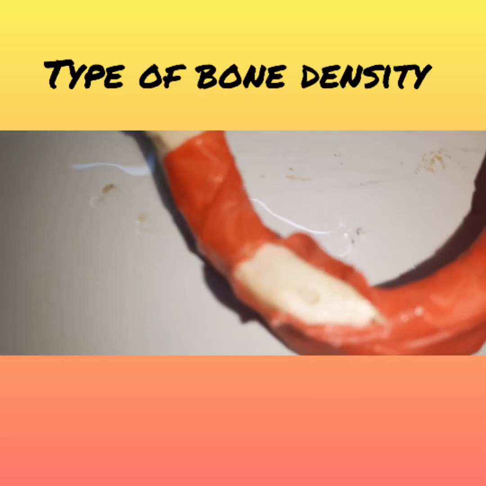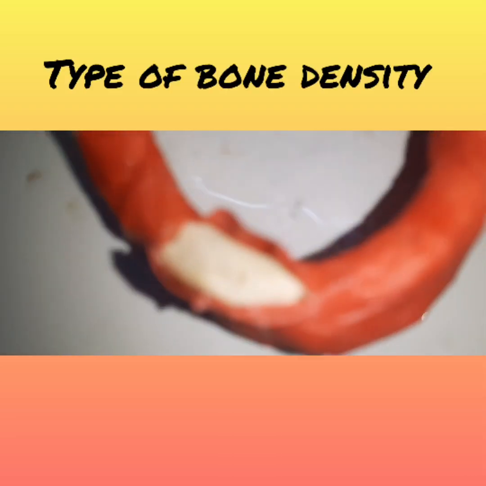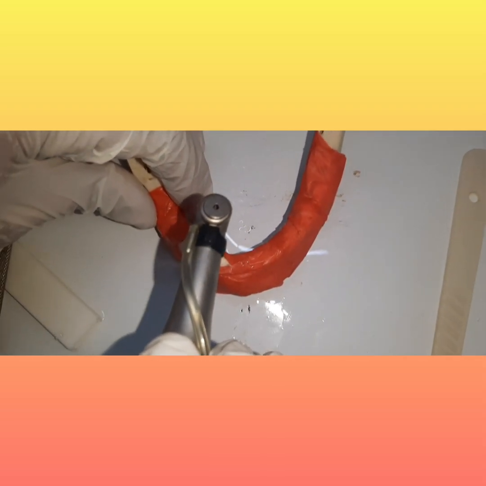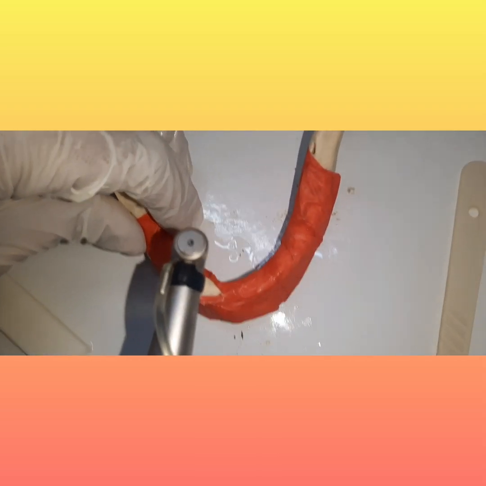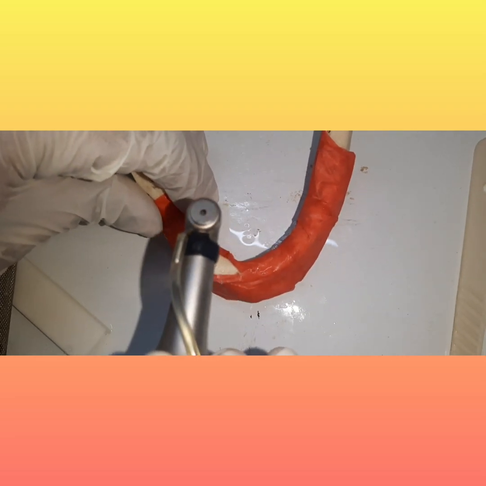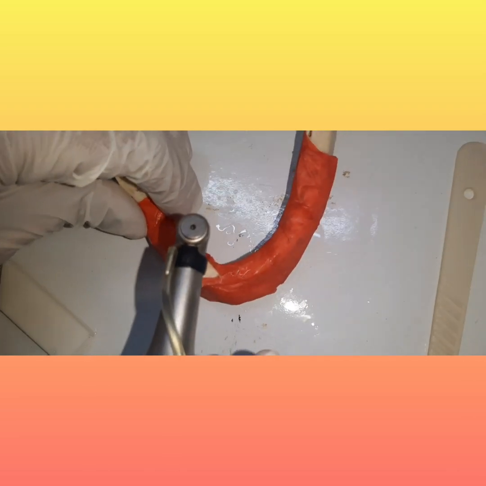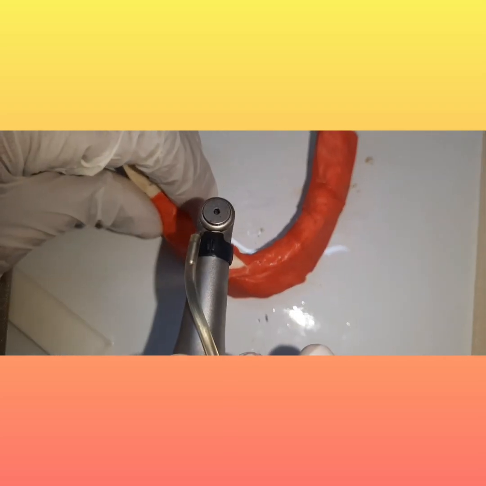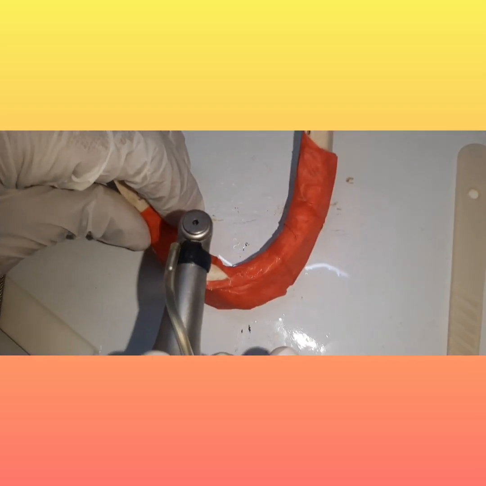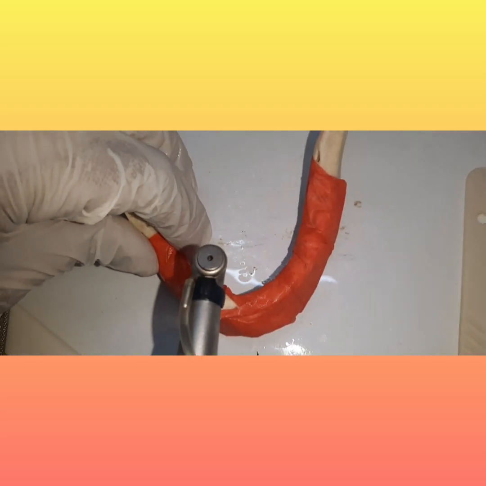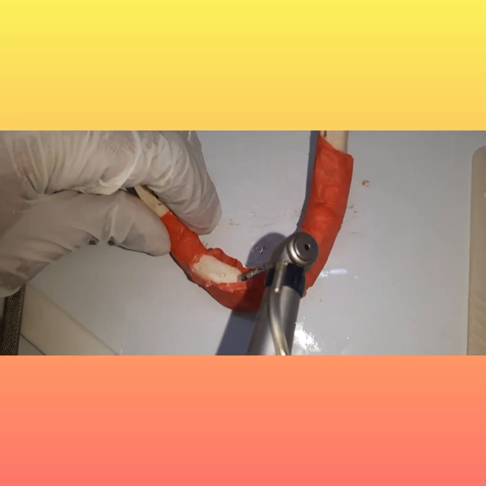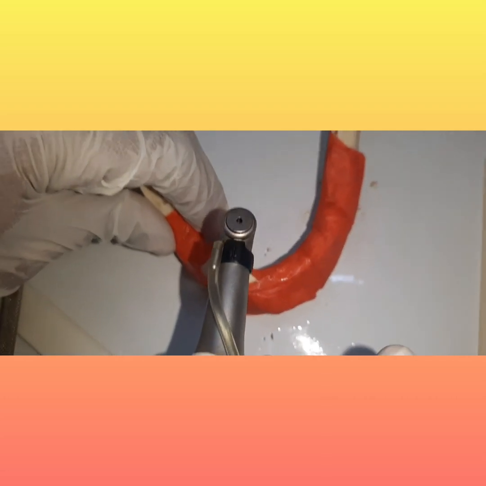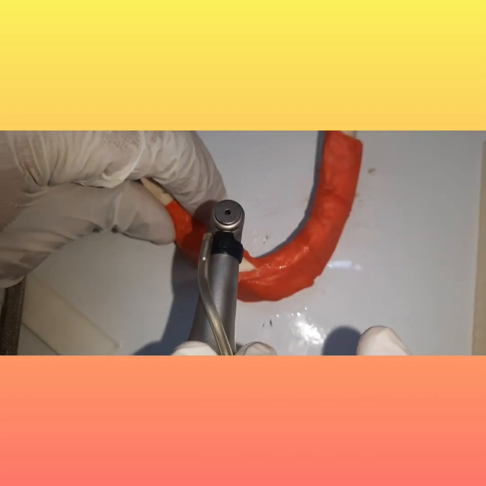If you have a very good bone, a cortical bone, it depends on the type of bone which you are having. Suppose you are having a D2 type of bone or a D1 type of bone, then definitely the speed of the drill should be more. It should be around 1500 to 2000 RPM. And if you have a type of bone which is D3 or D4 type, then of course the speed will be less. That will be around 800 or even less than that.